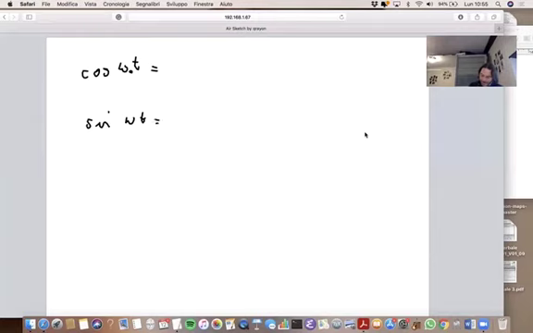Now I'm going to embarrass myself because I can never remember the correct ordering. I think this is the correct one. There could be a negative sign in the exponent. Let me see if I'm right. I think I'm right. Yes. And cosine, on the other hand, let me write it downstairs.